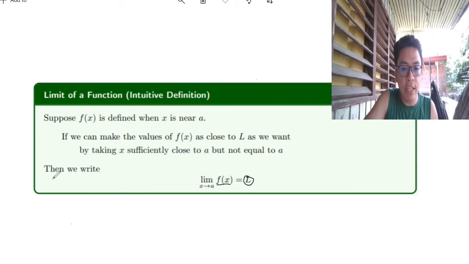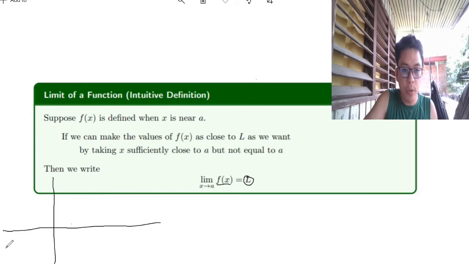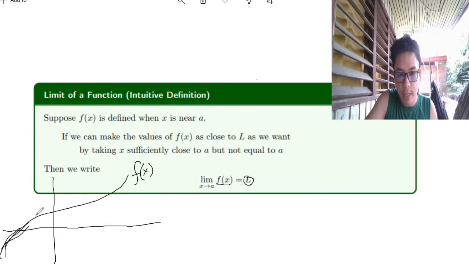So let's consider this graph as an illustration. Let's suppose that we have this f of x here, assuming I have a perfect drawing. And suppose you have a point x here.